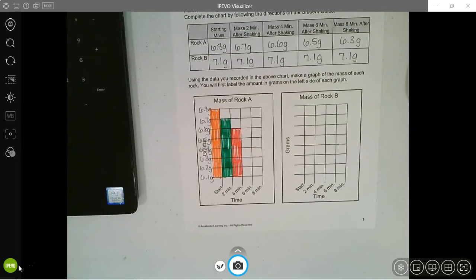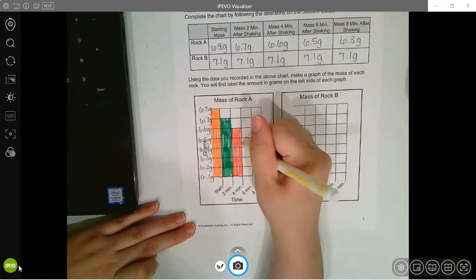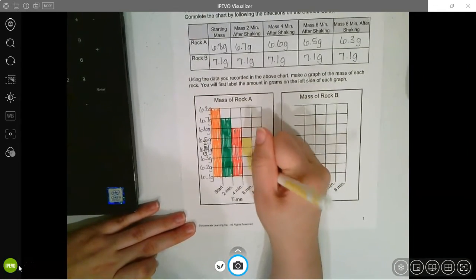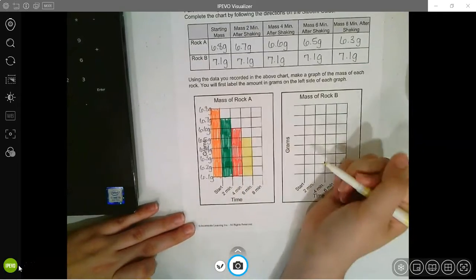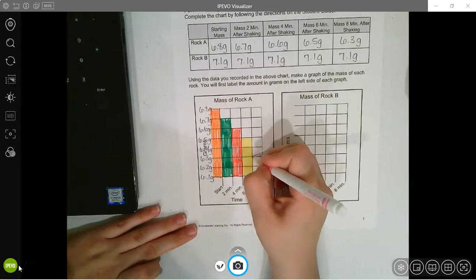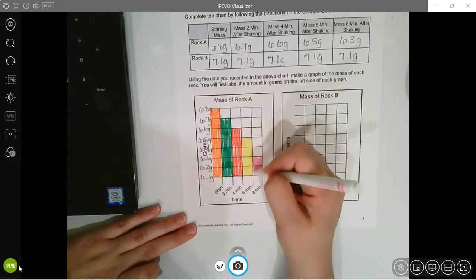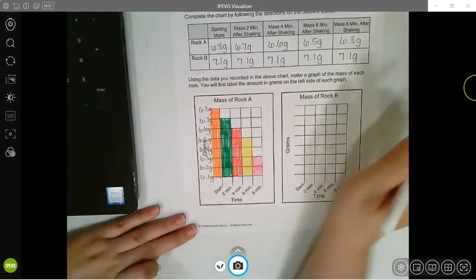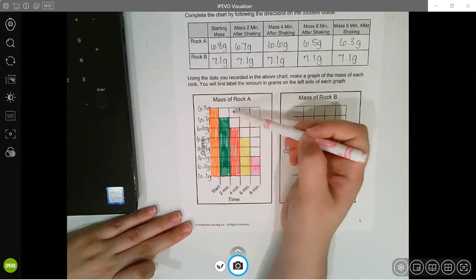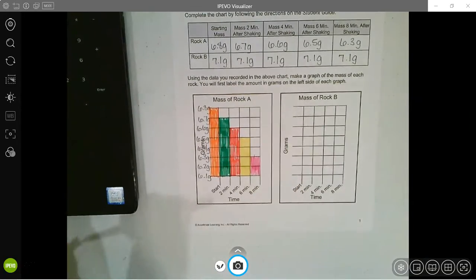After 6 minutes, it went down to 6.5. And then after 8 minutes, it went down to 6.3. So what that means is that it was losing its mass the more we shook it.